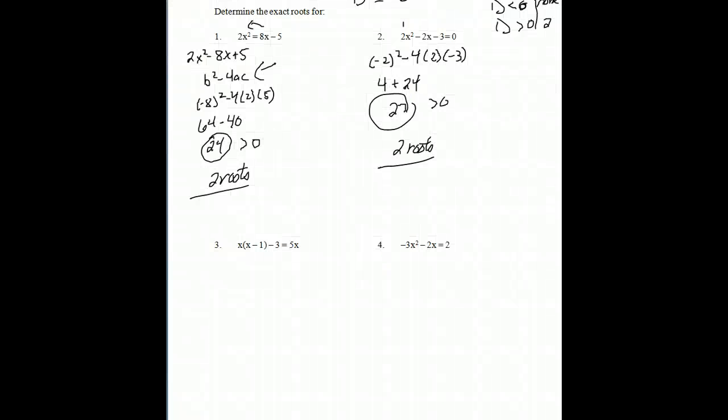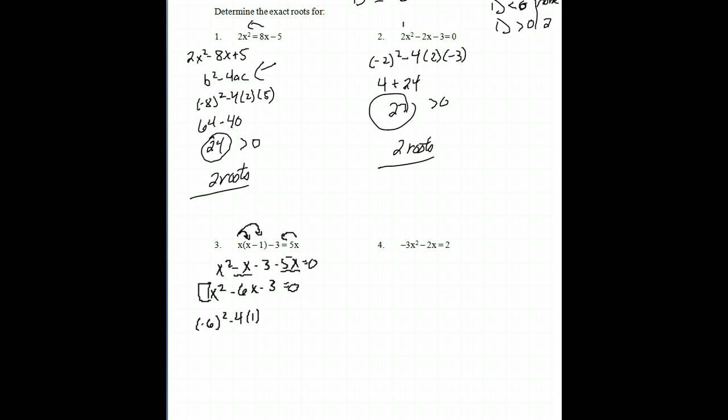And now for the next one, we need to change this to standard form. So x times x times negative 1, x squared minus x, minus 3, bring the 5x over, minus 5x equals 0. X squared, negative 5x, subtract x, negative 6x, subtract 3 equals 0. And again, b squared subtract 4 times a.